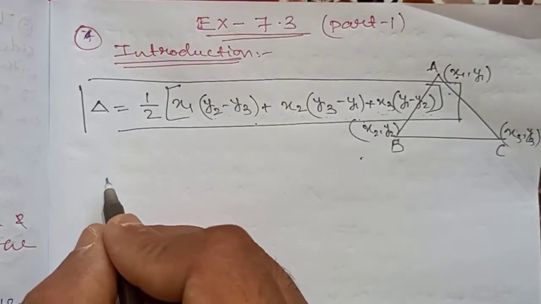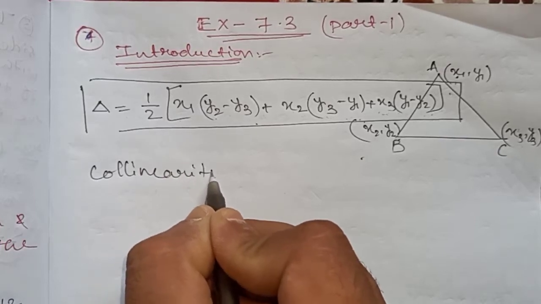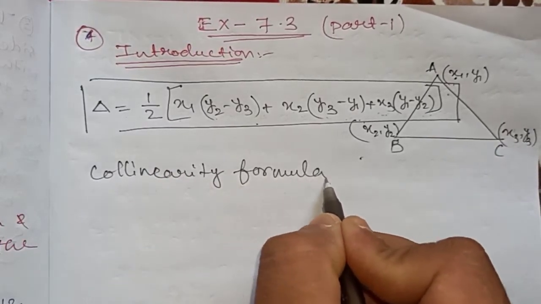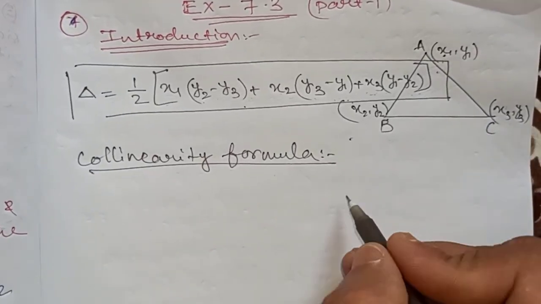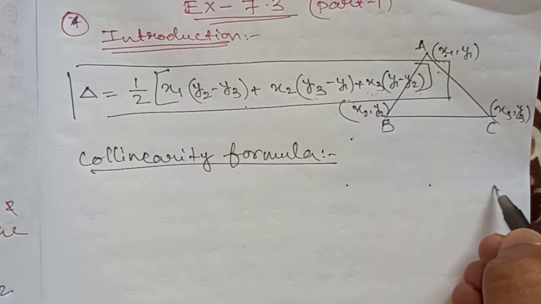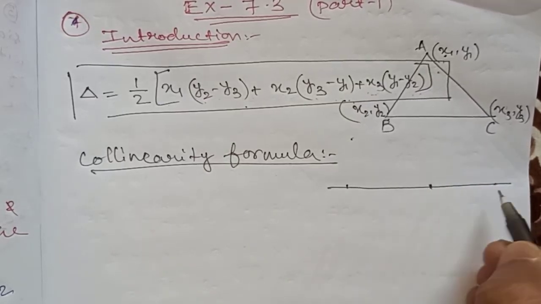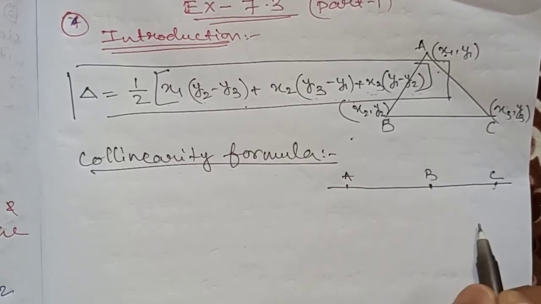Okay, another very important formula is there, that is the collinearity formula. As I told you, collinear means 3 points will lie in a straight line. If these 3 points lie in a straight line, then we will say that A, B, C are collinear.